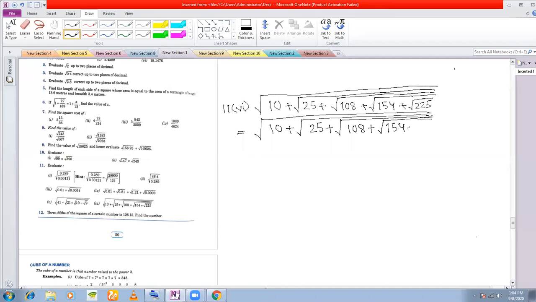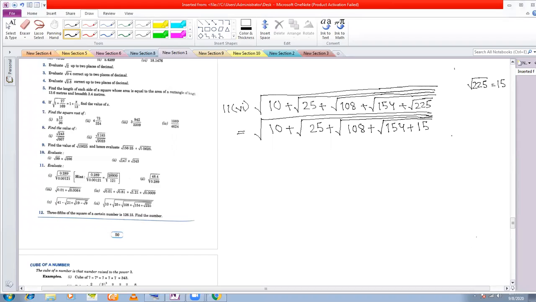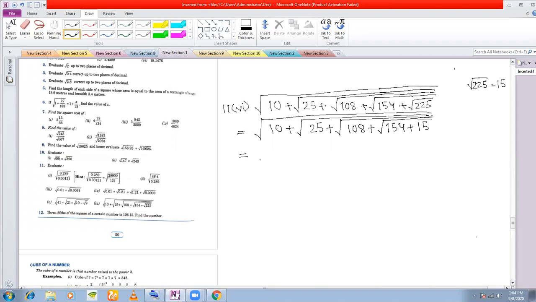Square root 225 is nothing but 15. We forget about the negative square root. We only consider the positive square root. Okay. So now what happens?